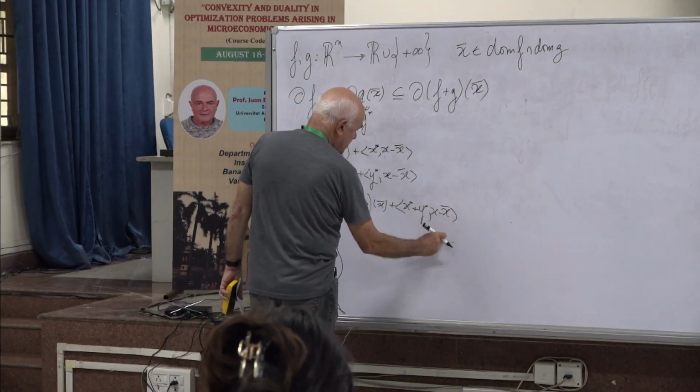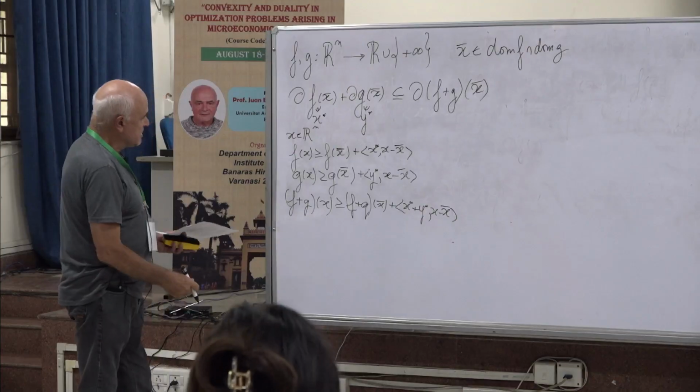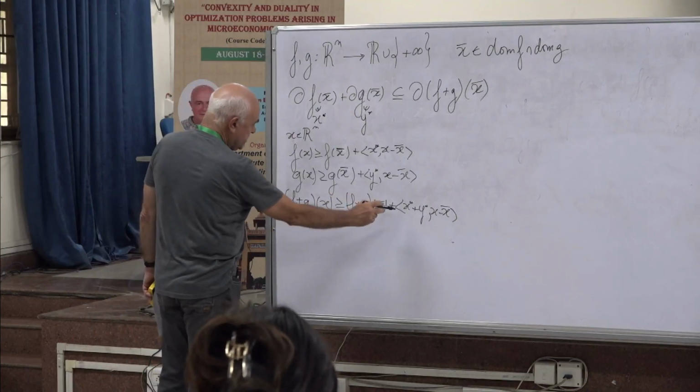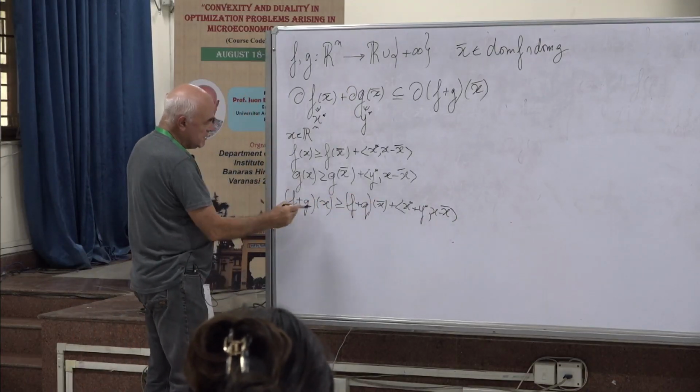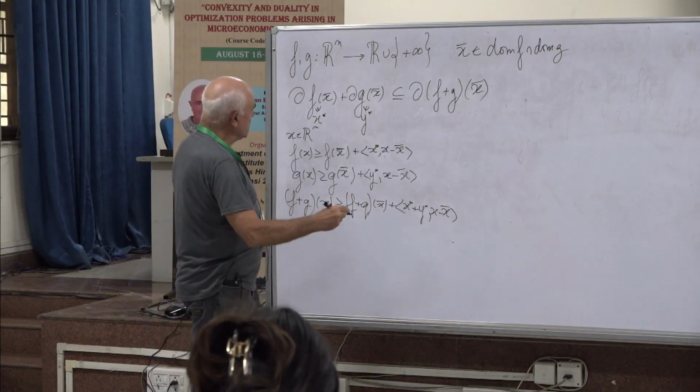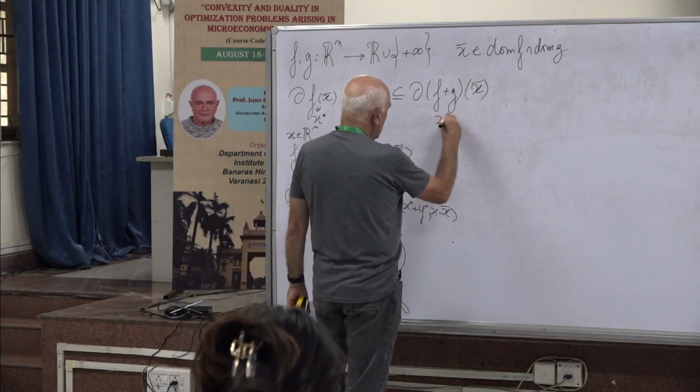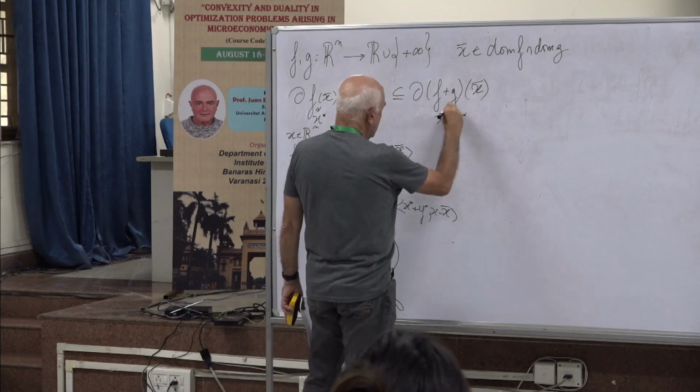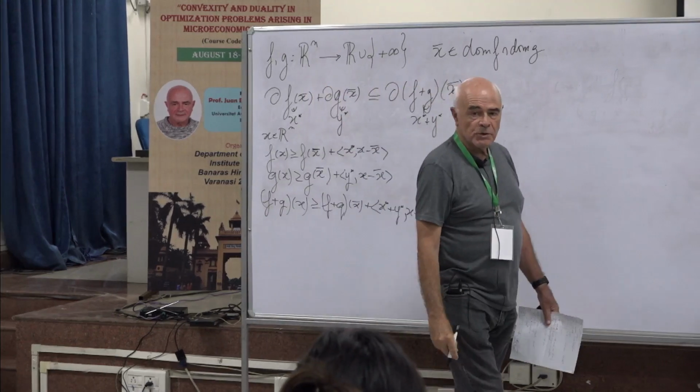So it's a very, very elementary exercise. So this inequality, because it holds for every x, is telling us that x star plus y star belongs here, so this inclusion is true.